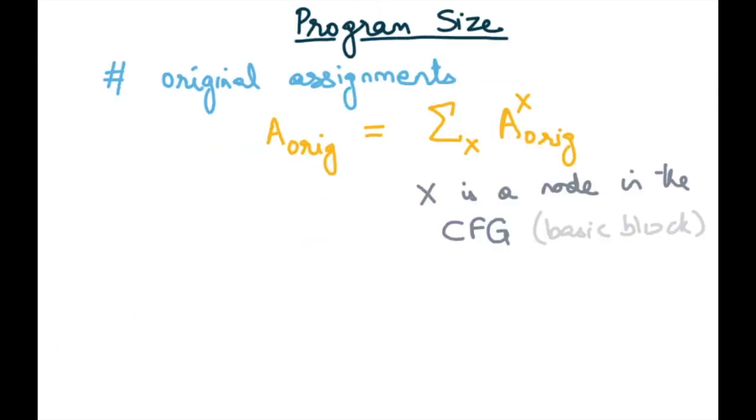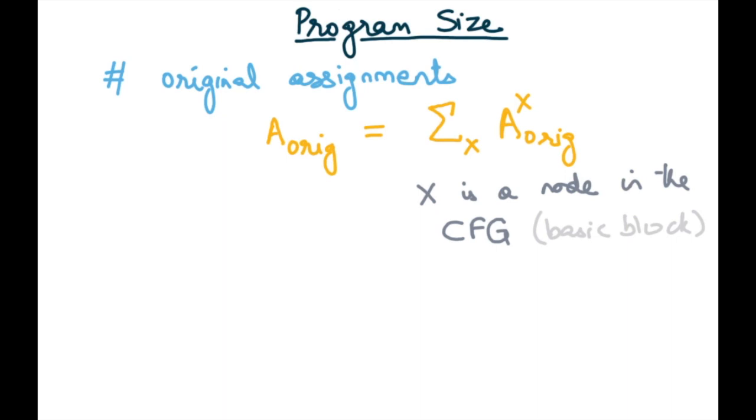Okay, so what is the running time of this algorithm? To be able to reason about the running time of this algorithm that places trivial phi nodes in the function, I need to first define some quantities on which the running time depends. So one of the quantities is the number of assignments in the program. Notice that as the algorithm proceeds, it adds more assignments.